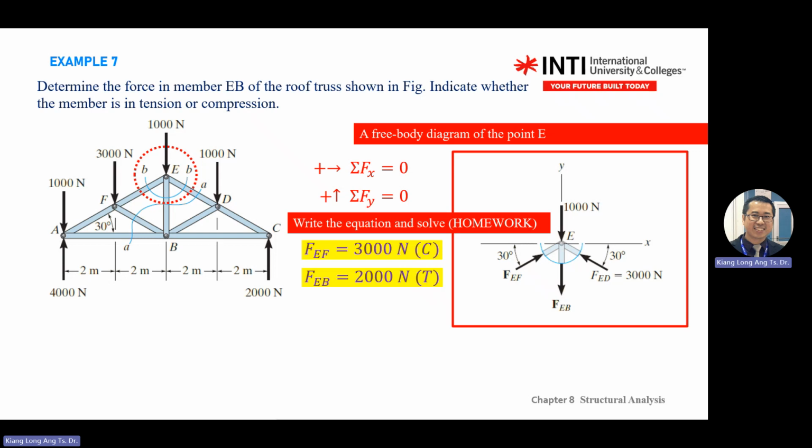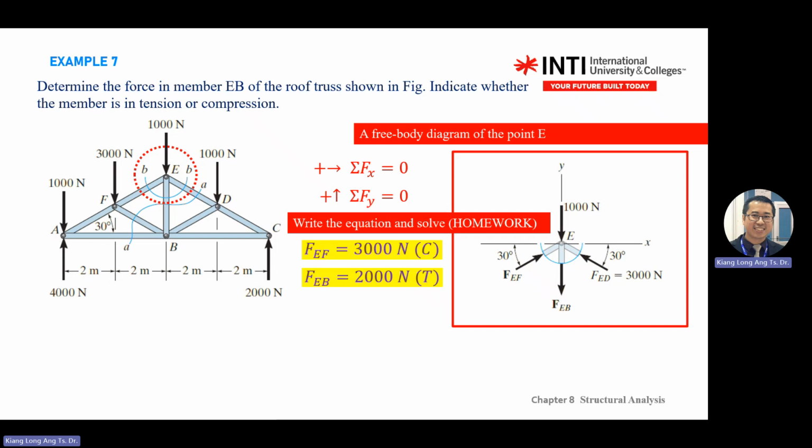It is non-collinear. Okay, so these are the two ways of finding zero force member. Then yesterday also we learned either the member is in tension or in compression.